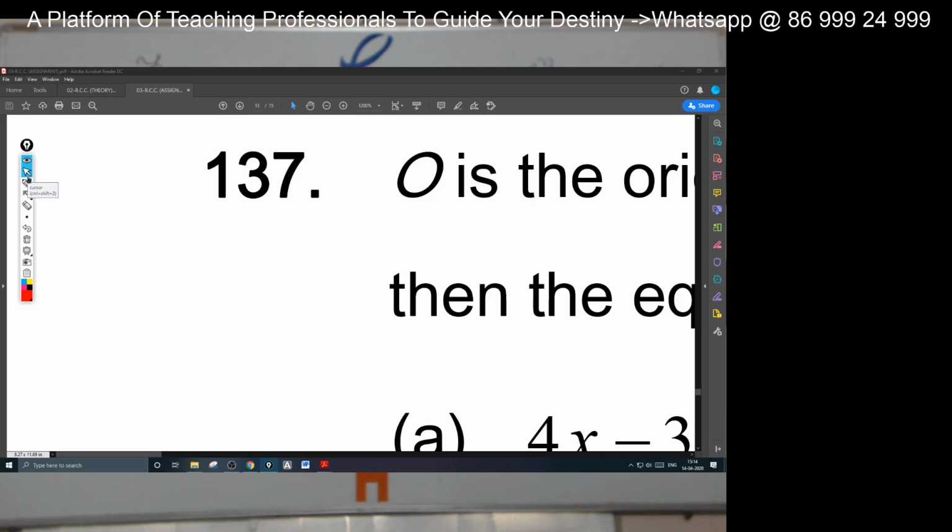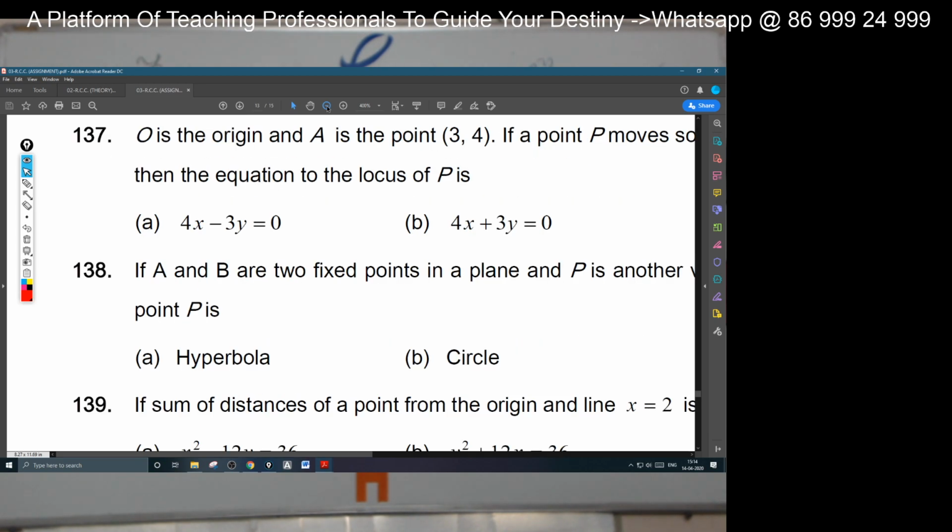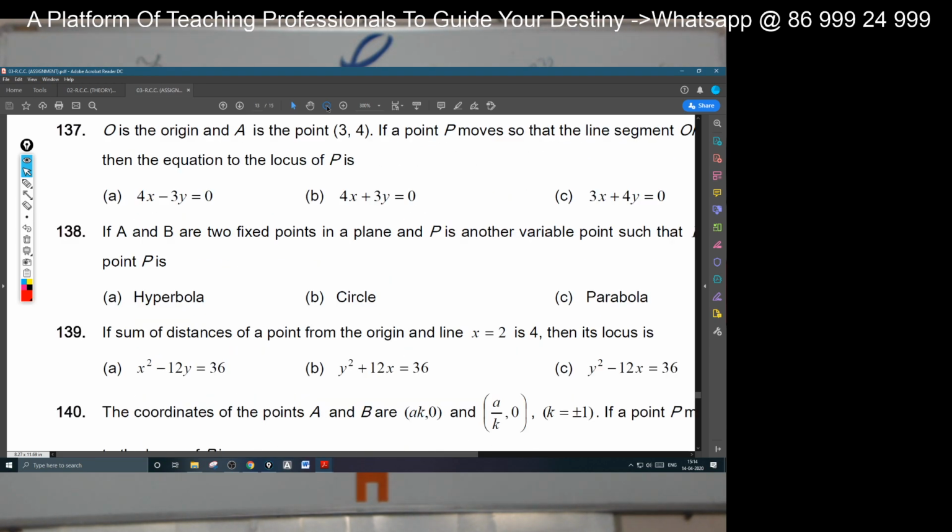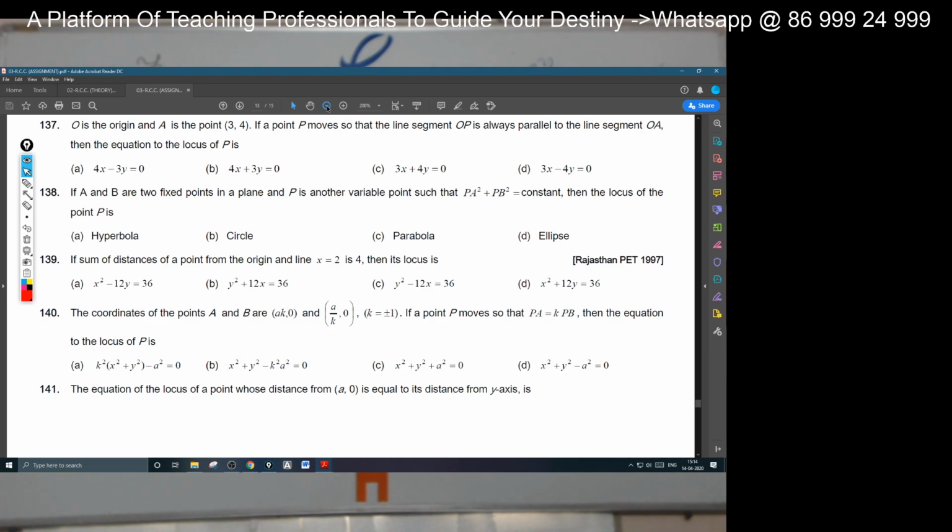Okay, next. Next, please. This is a strike question. A and B are two fixed points in a plane.